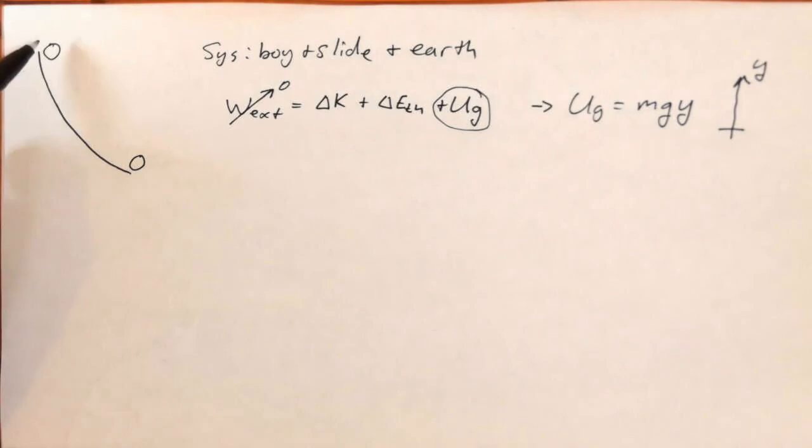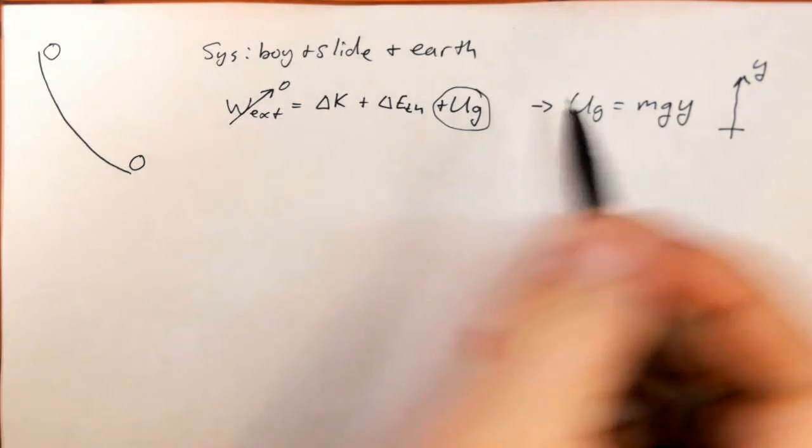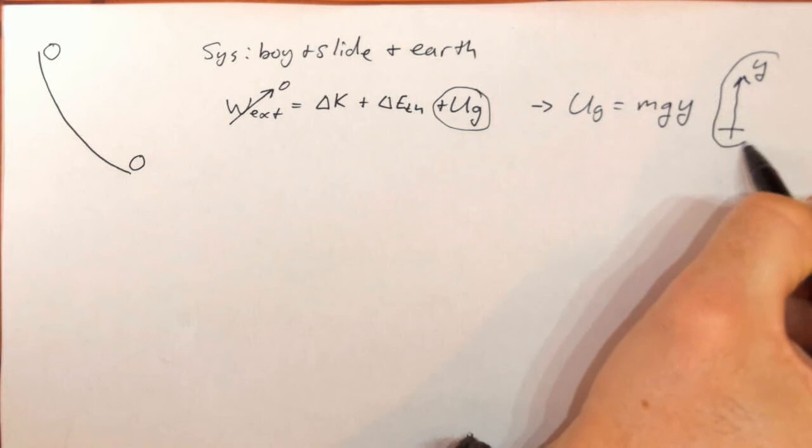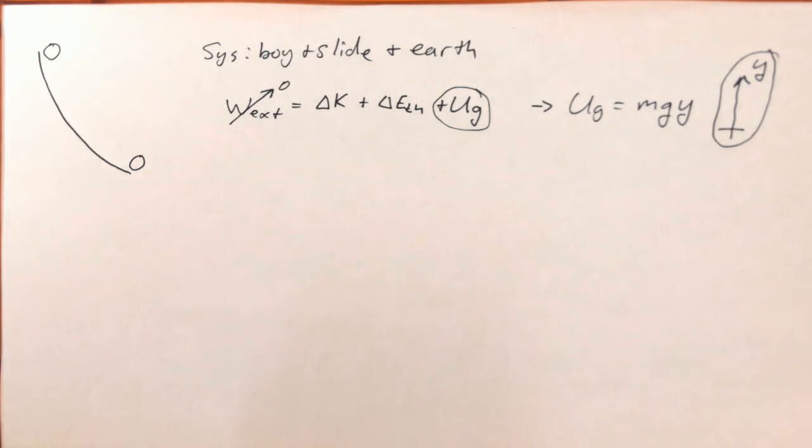Because the higher something is up, the more potential it has to fall, or the faster it will go as it goes down. And so the increase in kinetic energy must be caused by a decrease in potential energy. So here we have to choose our coordinate system to be pointing upward.